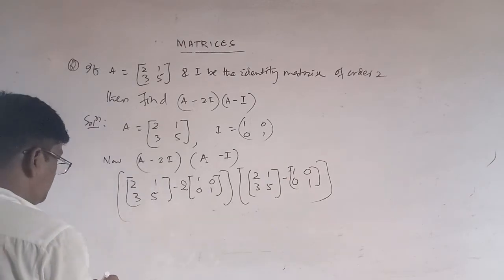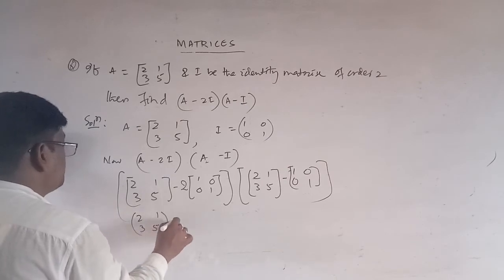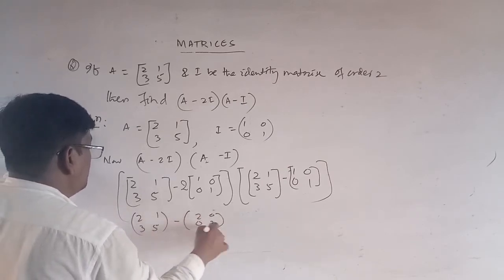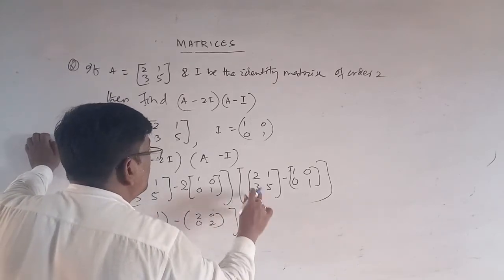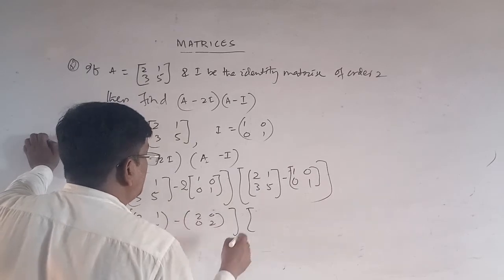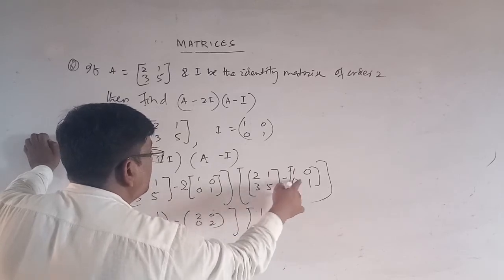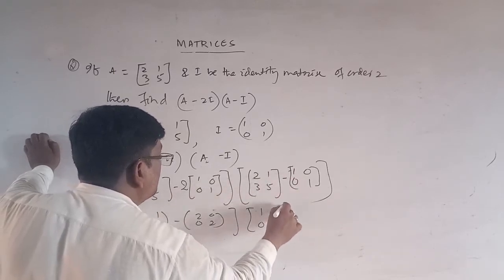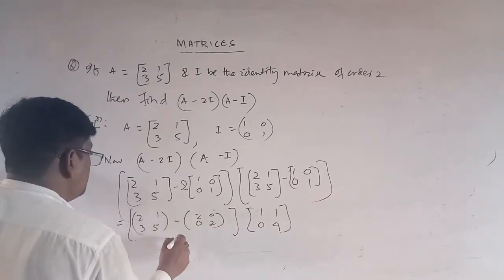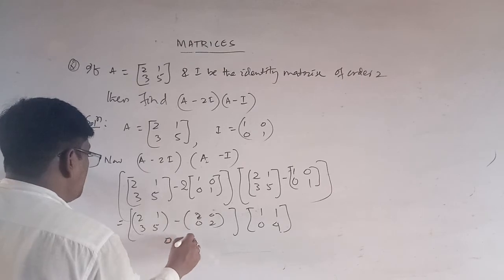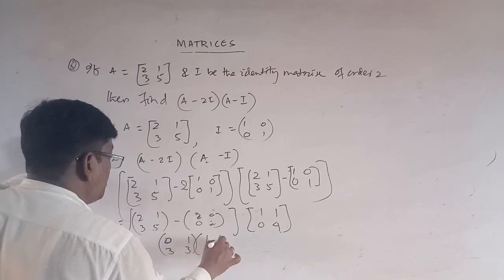So this is equal to what? 2, 1, 3, 5 minus 2, 0, 0, 2, into 2 minus 1, 1 minus 0, 3 minus 0, 5 minus 1. So this is equal to what? 2 minus 2, 0, 1 minus 0, 1, 3 minus 0, 3, 5 minus 2, 3, into 1, 1, 0, 4.